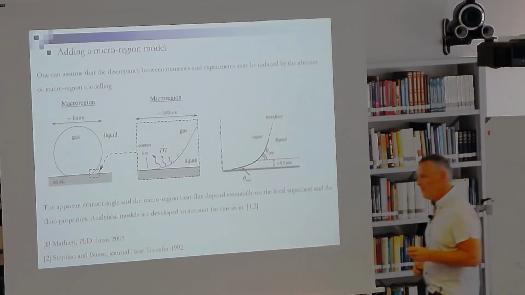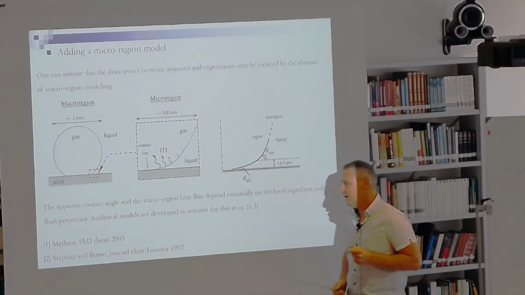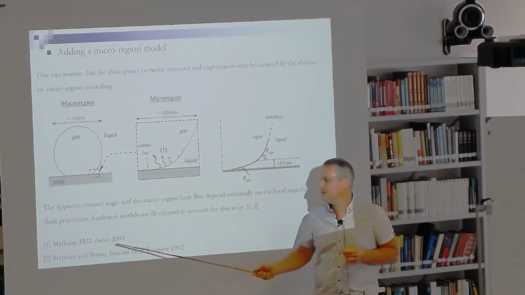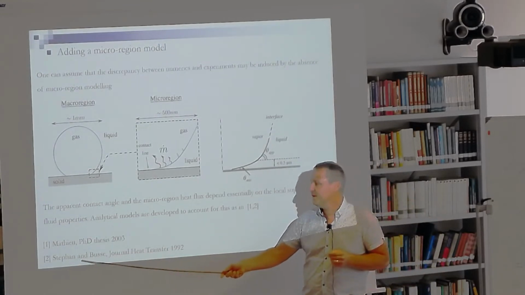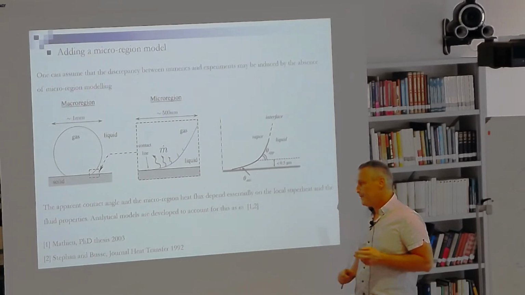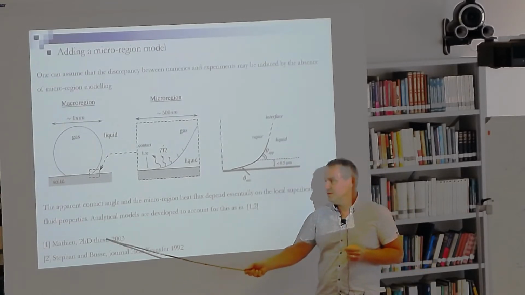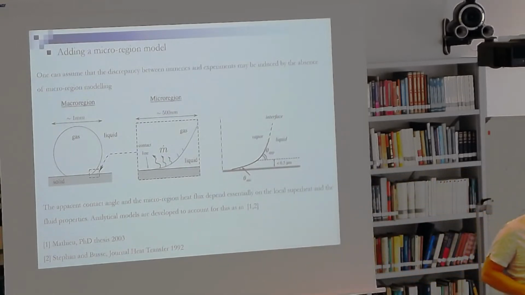Our study is based on Mathieu's model, which was developed in 2003. This is an extension of the well-known Stefan model, which has been published previously, but Mathieu's model enables us to incorporate a partially wetting effect.